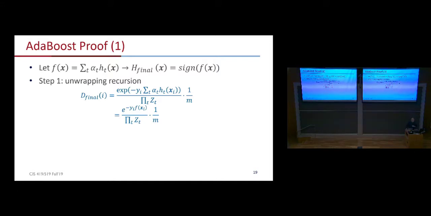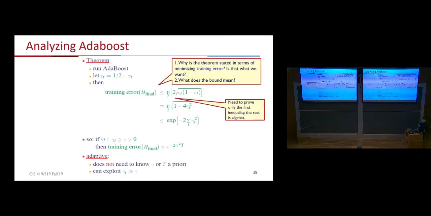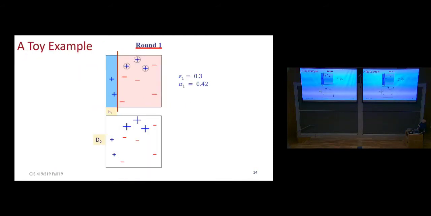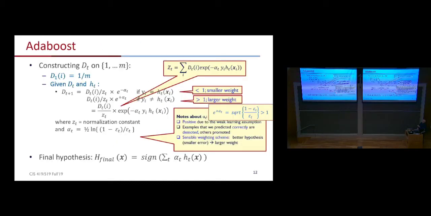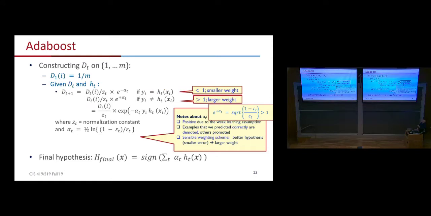So this is basically what this says, and you can just think about it. The mathematical expression of it is very simple. All we did is we multiply by this expression m times. We started with 1 over m. So remember that D_{t+1} is D_t times this expression, e to the minus alpha_t y h.